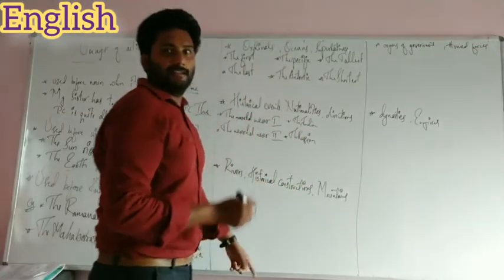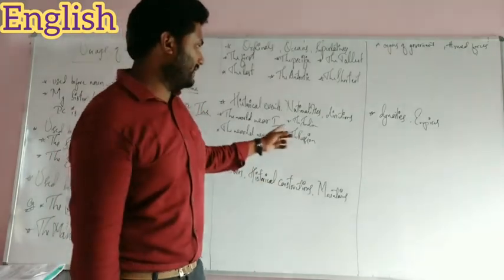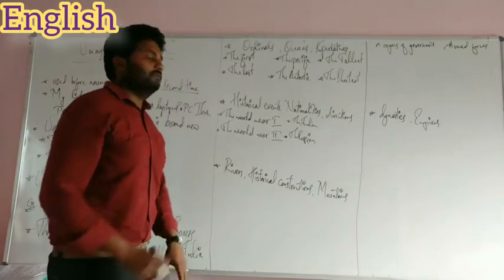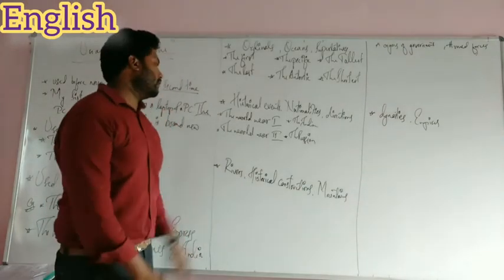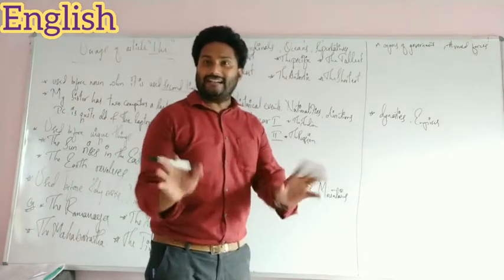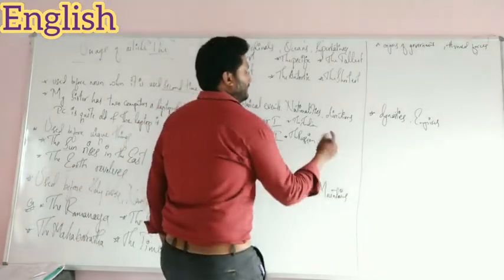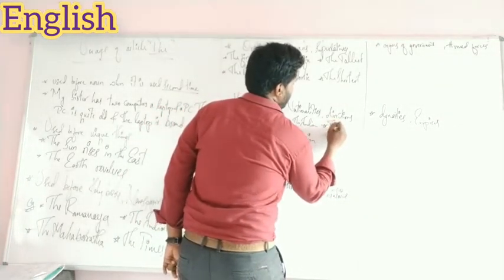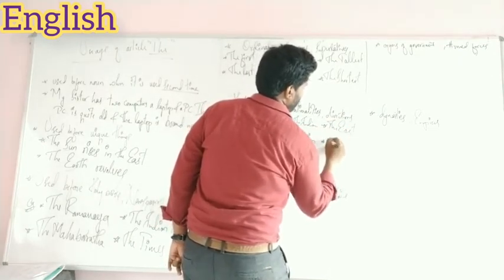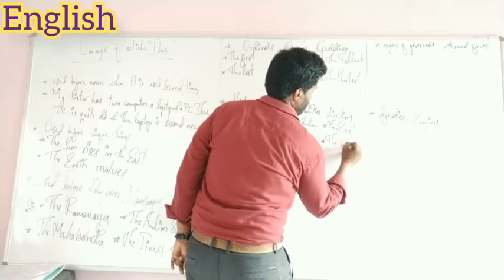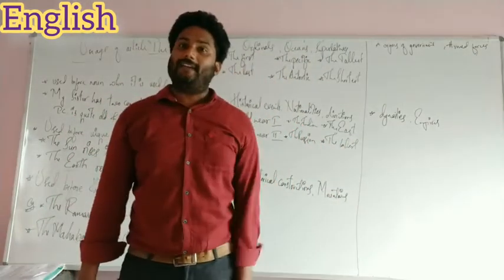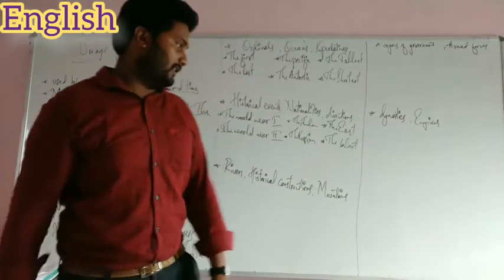To represent nationalities we use the article "the", and also to show historical events. And directions: to state directions we also use "the". Example: the East, the West. This kind of directions use the article.